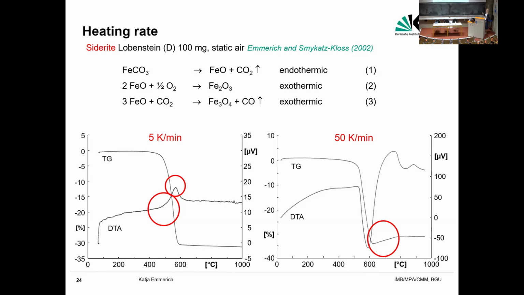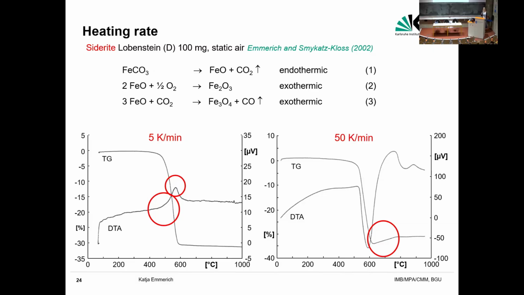If you perform a measurement with a heating rate of 50 Kelvin per minute, again the TG curve, now you see the mass loss due to the decomposition of the carbonate, and then you see a mass gain. Actually, it's a 2-step mass gain, the first one here and the second one here, due to the oxidation of the iron oxide. And in the DTA curve, you now see the endothermal decomposition followed by 2 exothermal oxidations.